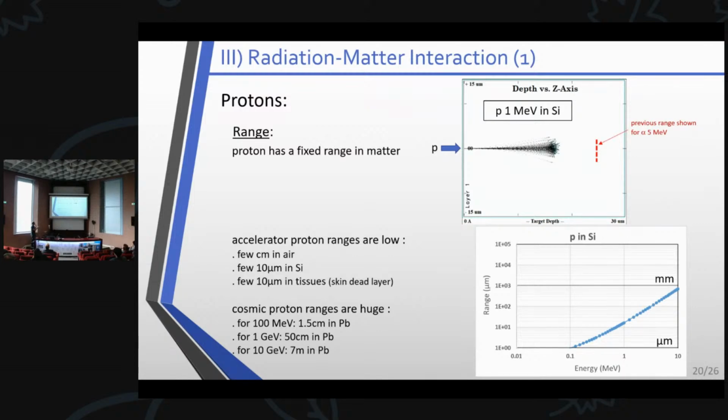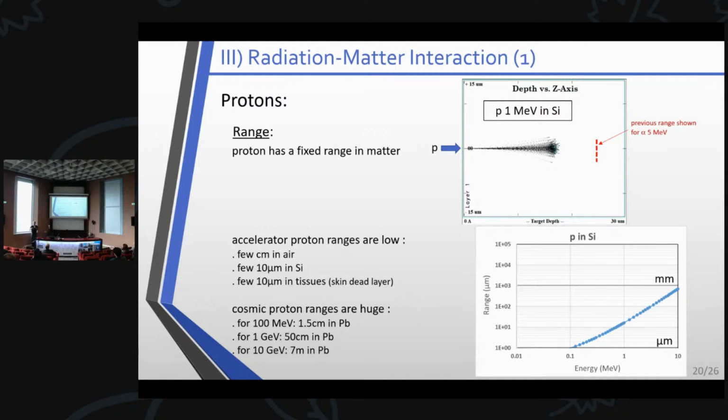So I give you two different values for accelerator protons in the MeV energy range: a few centimeters in air, a few tenths of micrometers in silicon, which will be important for material radiation.